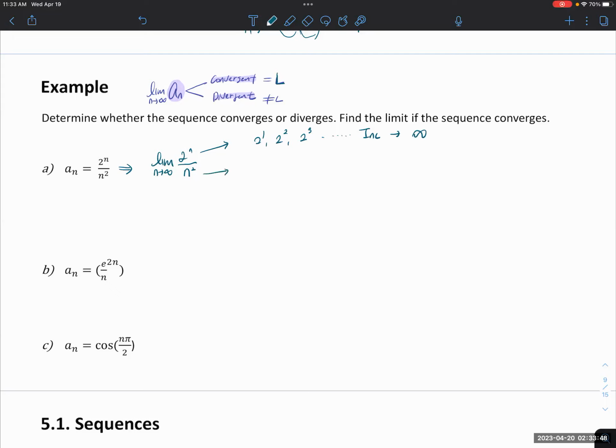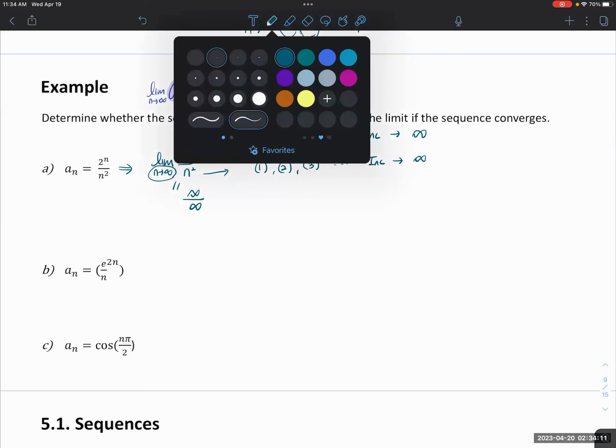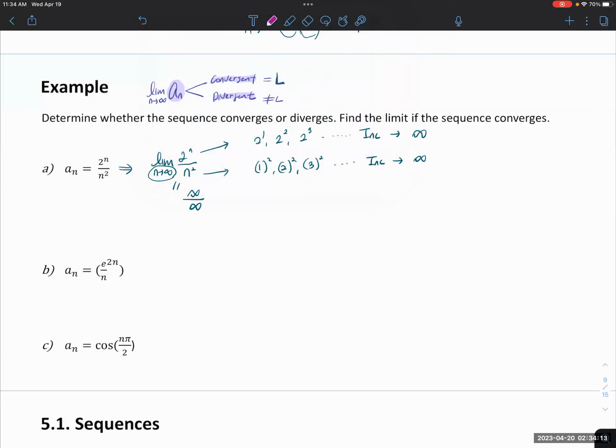How about the denominator? n is 1 to the second, 2 to the second is the second number, 3 to the second. This is also increasing, also going to infinity. So what does it mean? It looks like when n is getting larger and larger, the outcome looks like infinity over infinity. Oh, what is this? If you remember, this is an indeterminate form.